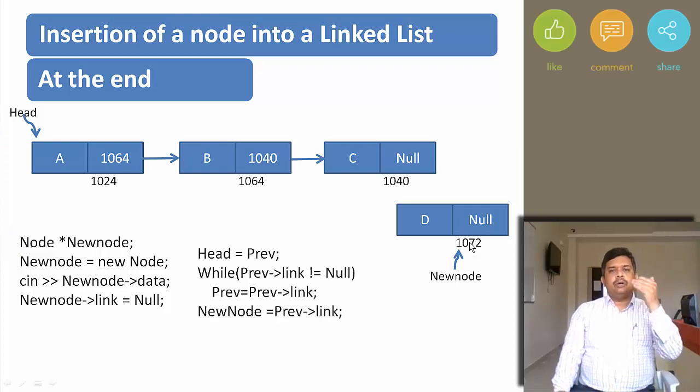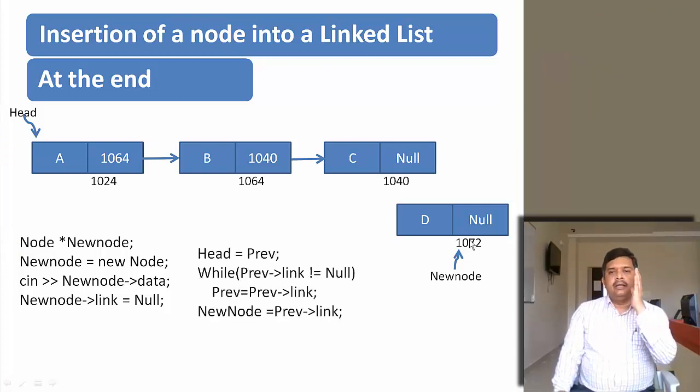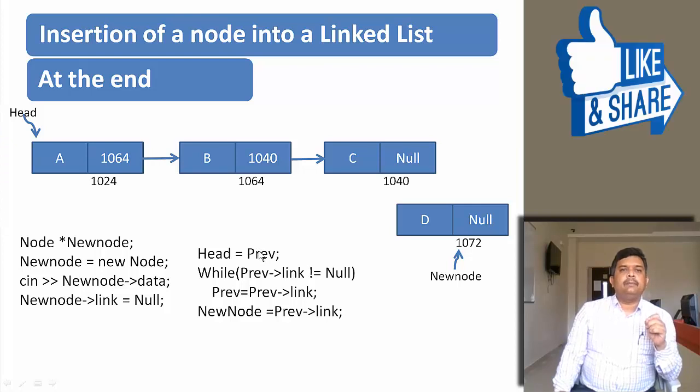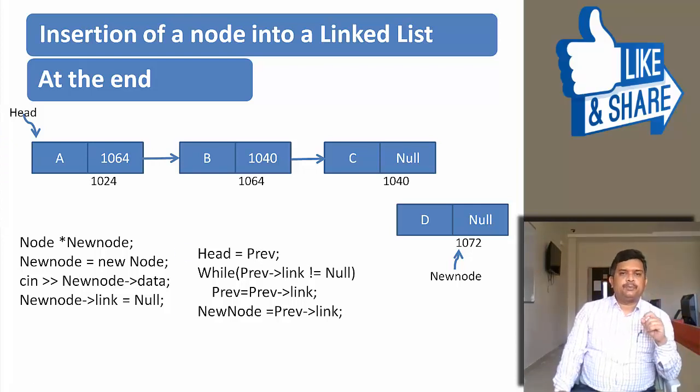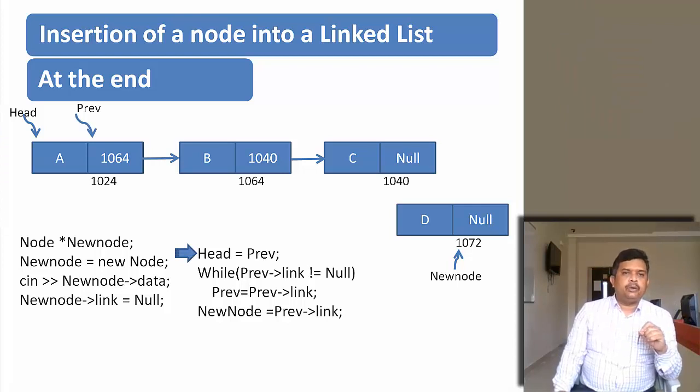Now in order to add this as my last node, what I have to do? I have to take one more pointer called previous, which will be pointing to the node where head is pointing. Head is pointing to the first node containing data A at the location 1024. So what will I do next?